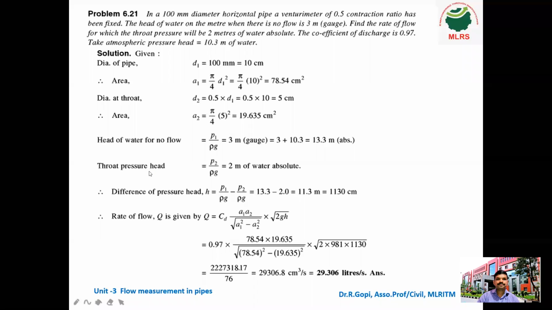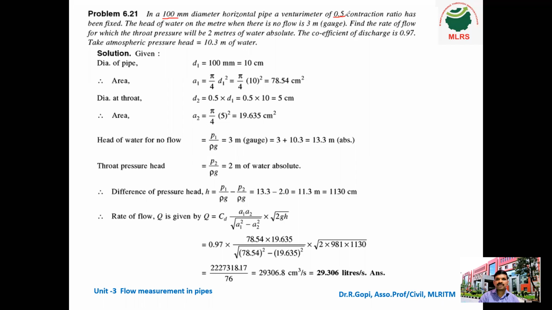So next problem. This is one of the important problems. In a 100 mm diameter horizontal pipe, a Venturi meter of 0.5 contraction ratio. What is meant by contraction ratio? We already know that the diameter of the throat is nearly half of the diameter of the inlet pipe. Here the diameter is given as 100 mm.